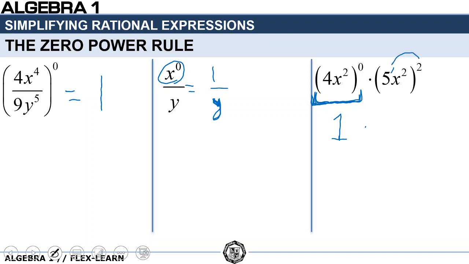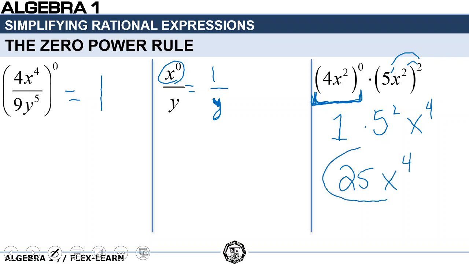So 2 times 1 is going to give us a 5 squared, and then 2 times 2 is 4. So you're going to get x to the fourth power. So 1 times 5 squared is 25. So 1 times 25 is going to be 25, and then x to the fourth just comes down for the ride. So you get 25 x to the fourth power. But the key there, again, is just recognizing that this guy here is just going to turn into 1.